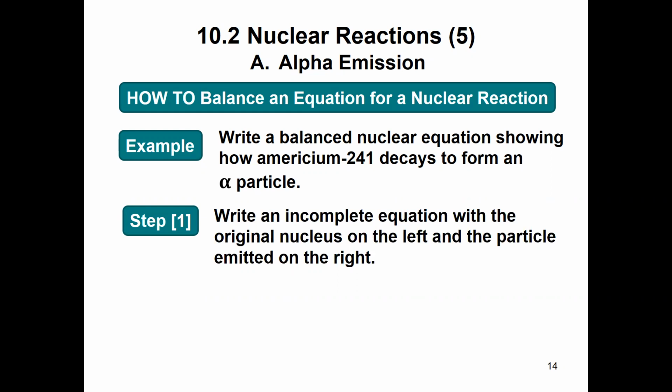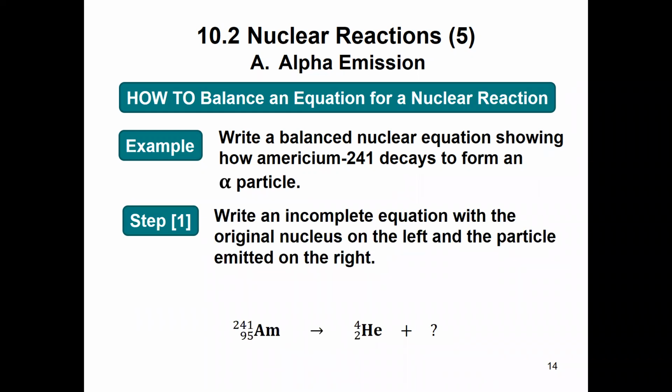The first step will be to write an incomplete equation with the original nucleus on the left and then the particle emitted on the right. So here, americium 241. Americium has an atomic number of 95, so you would put Am as the symbol for americium, 95 is its atomic number, 241 is the mass number.